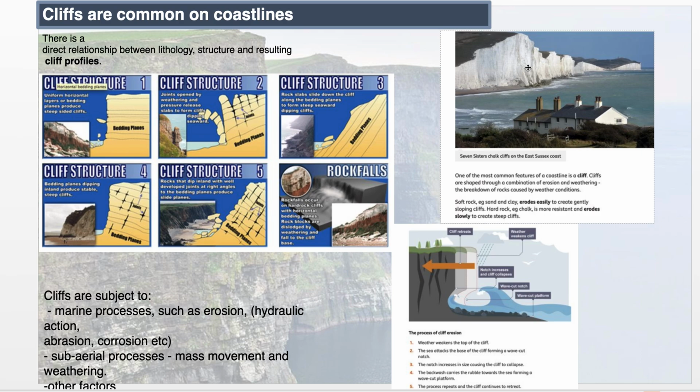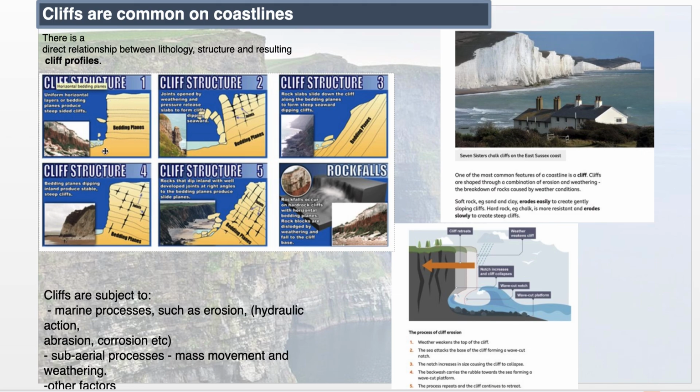And it's worth thinking about how cliff profiles, i.e. the shape of a cliff, or if you look at it side on, how the shape of a cliff is directly affected by the lithology, i.e. the rock type and the characteristics of that rock and the way that rock is laid down. So if we look at picture 1 here, we see some uniform layers of rock, horizontal bedding planes, and because the rocks are at right angles to the coast, we basically have steep vertical cliffs.